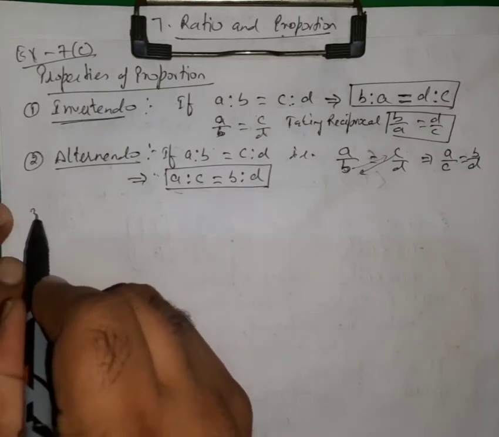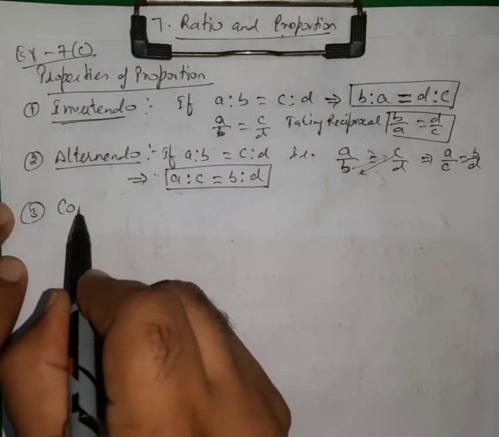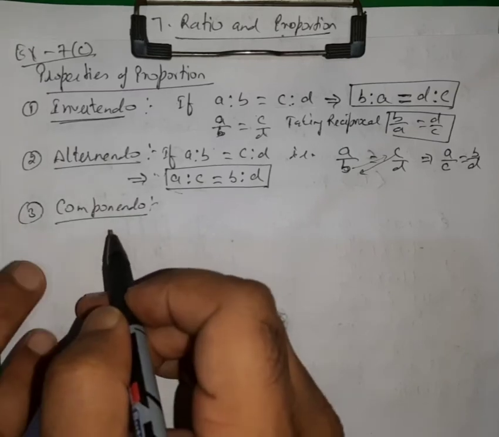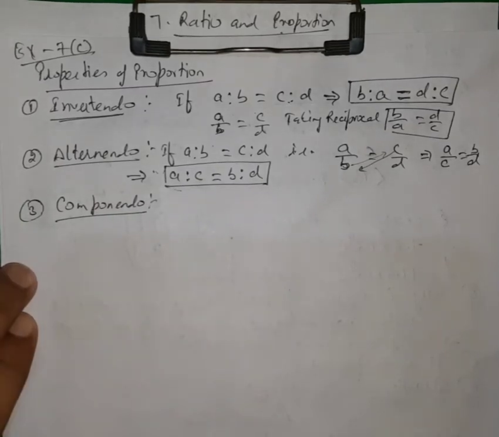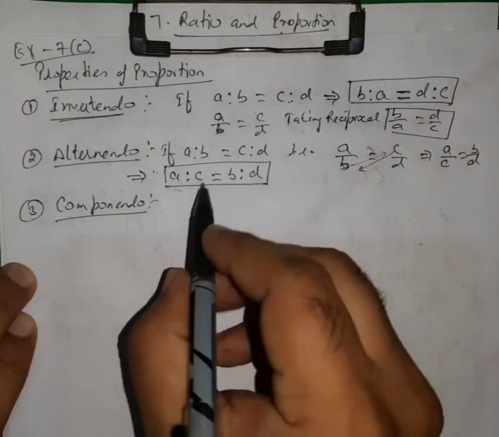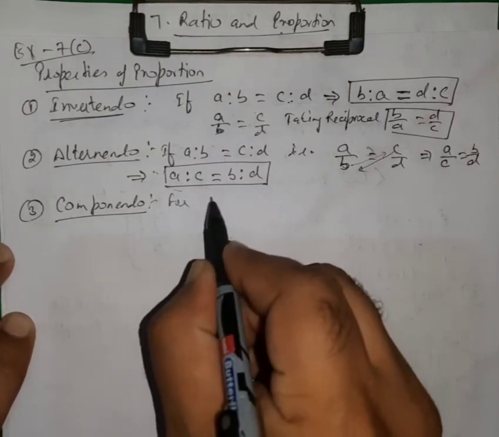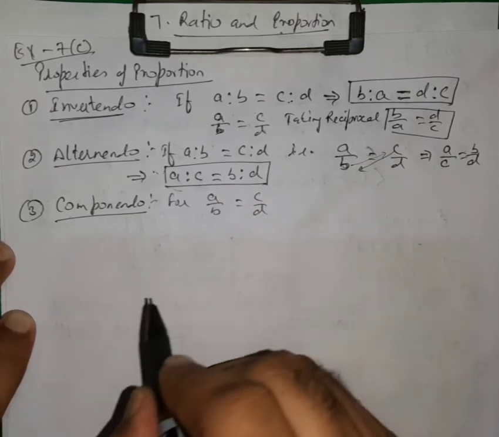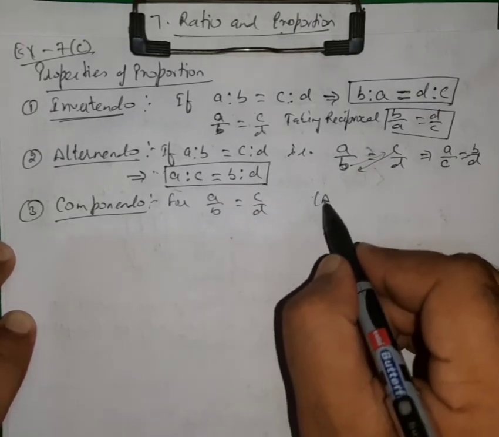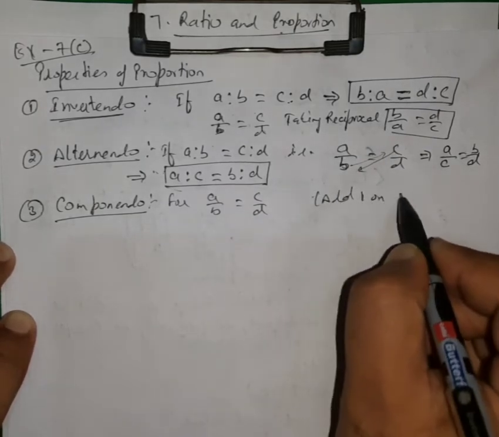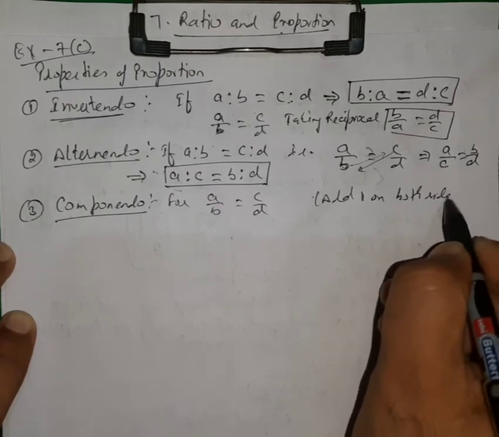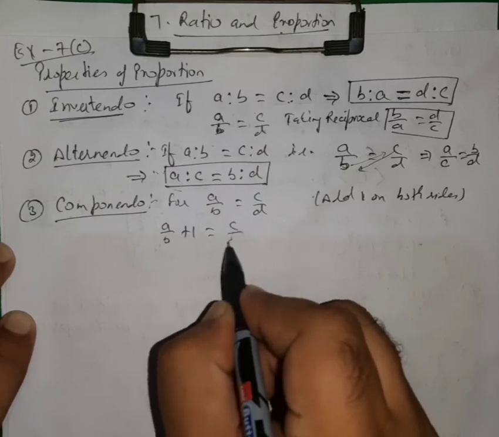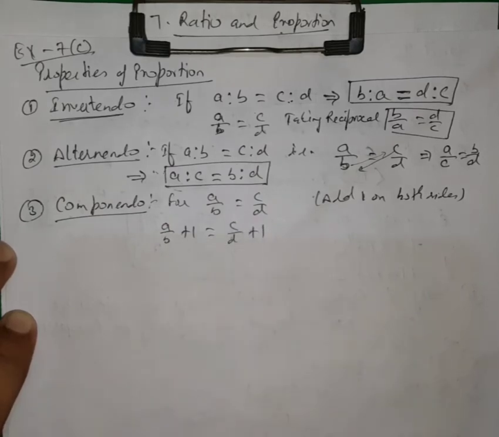Now the third property is componendo. Componendo is obtained by adding 1 on both the sides. If A over B equal to C over D is given and I add 1 on both sides, then I will get A over B plus 1 equal to C over D plus 1. So this is not changing the equality.